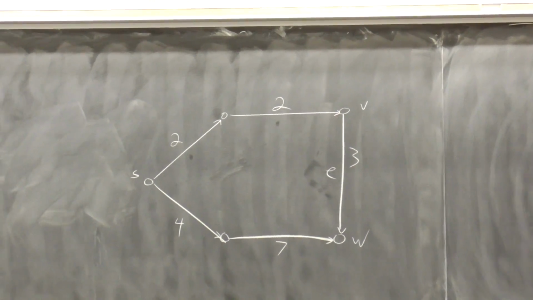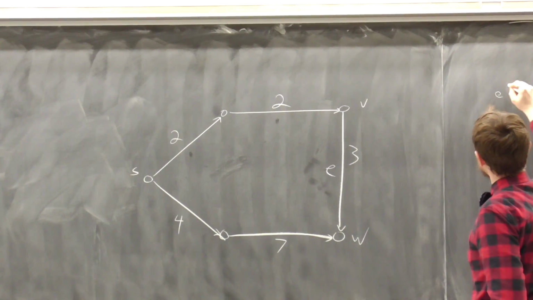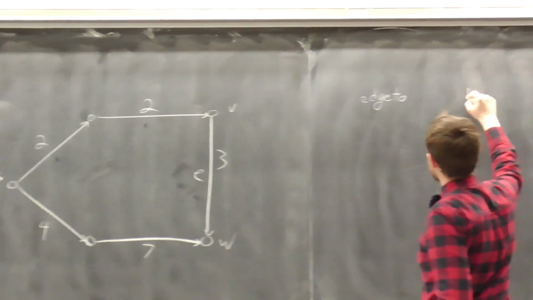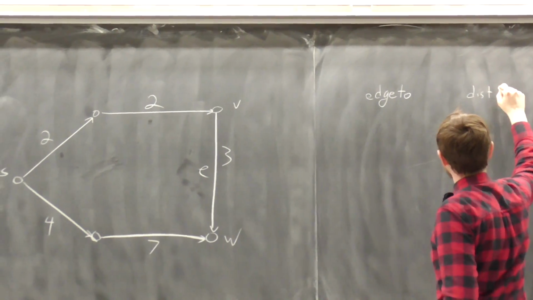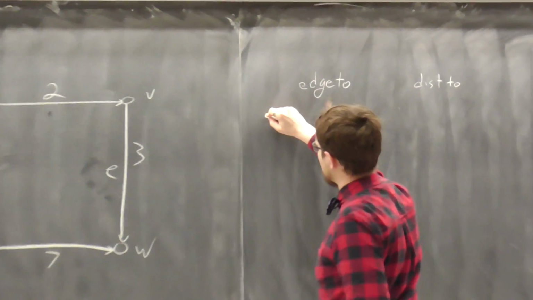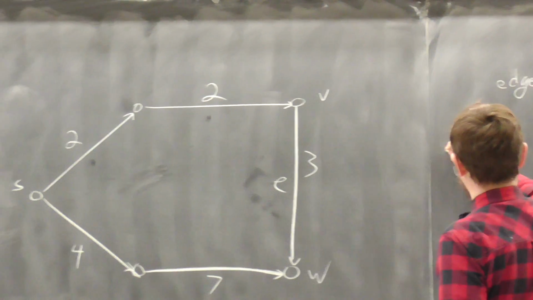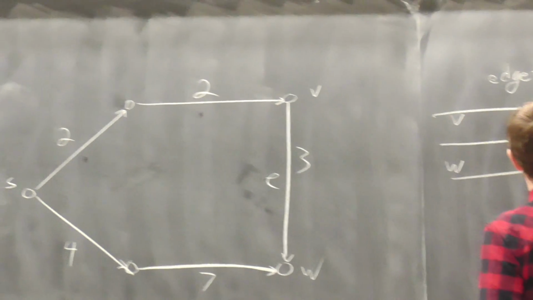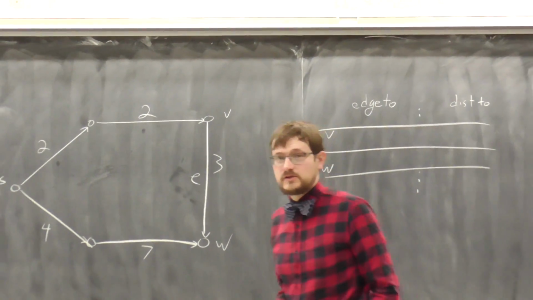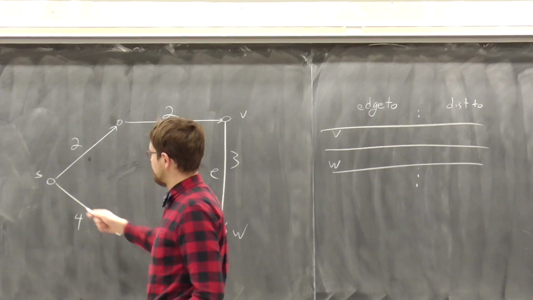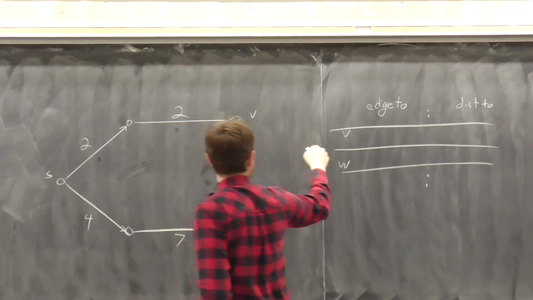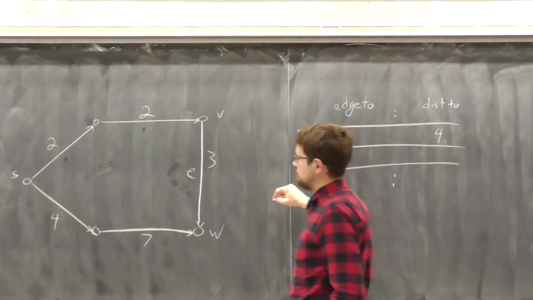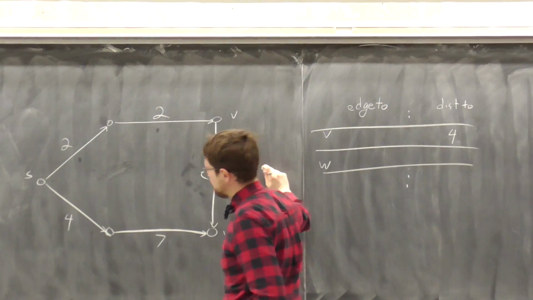So edge to and distance to for V and W, and we'll just be concerned about those. So, distance to V is 4. I guess I will have to label the nodes, won't I?